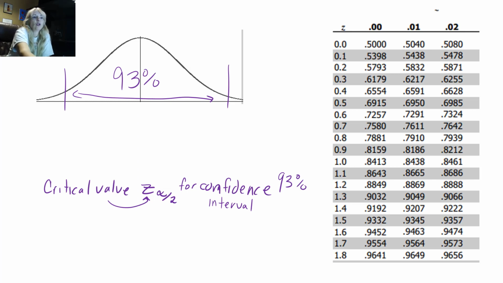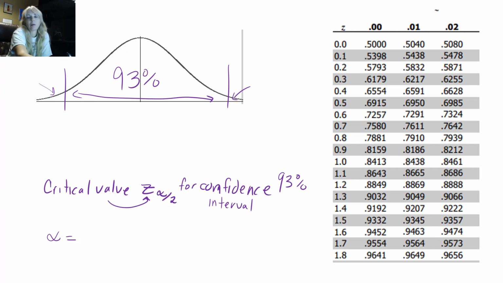And whenever you look for the critical value of this Z alpha over 2, you're looking for that area right there to the right. So alpha is equal to the total area that you're cutting off, the outside area.